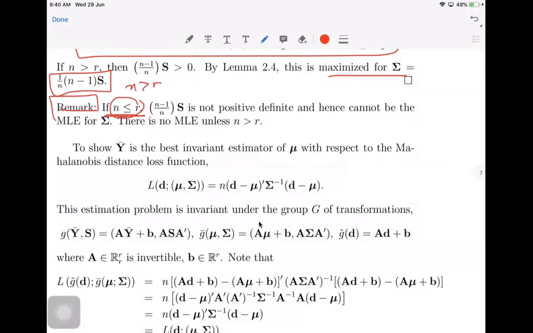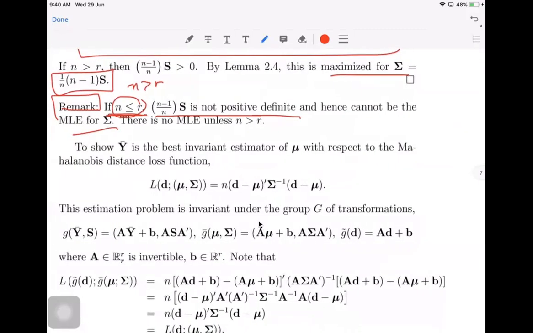If that is not satisfied, then this is not a positive definite matrix and hence cannot be MLE for sigma. So if this is not satisfied, then the conclusion is there is no MLE. So unless N is greater than r, there is no MLE for sigma. Okay.